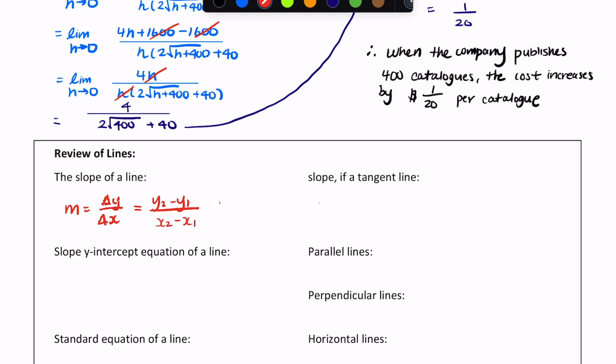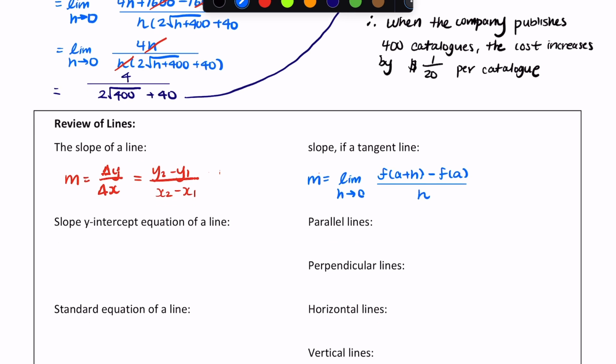And the slope of a tangent line, the formula that we use, is the limit as h approaches 0 of f(a + h) minus f(a) over h.